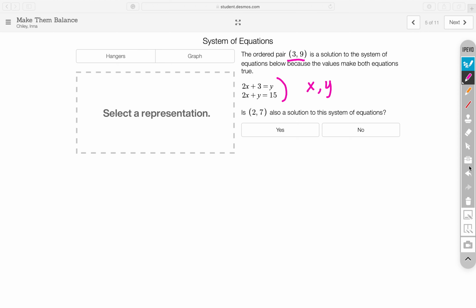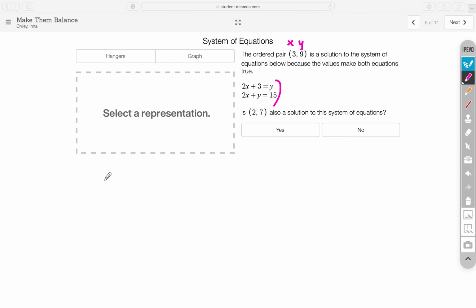What it means to be a solution to the system of equations is that if I plug in 3 for x and 9 for y into these two equations, they will both simultaneously be equal. Let's see what I mean.